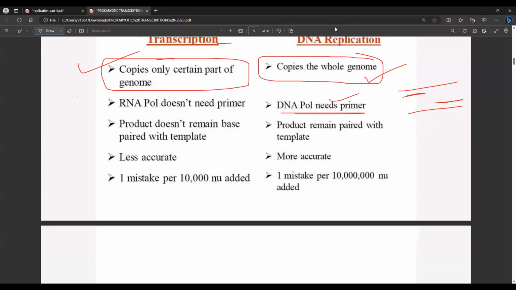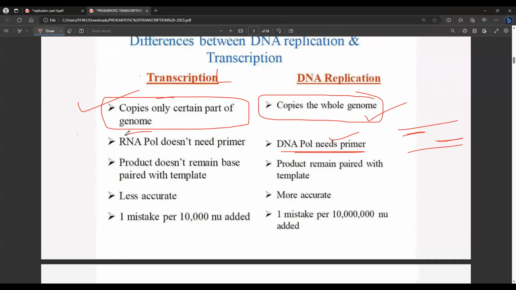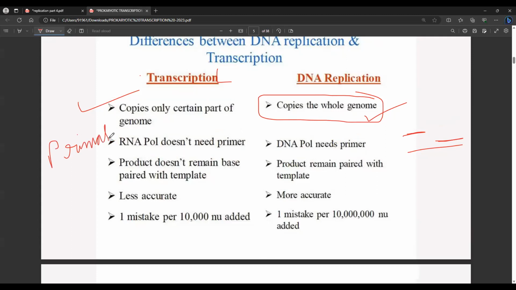And what is the specialty of a RNA polymerase enzyme? RNA polymerase enzyme itself has intrinsic helicase activity. Sorry, I'm so sorry. It has intrinsic primase activity, not the helicase activity.